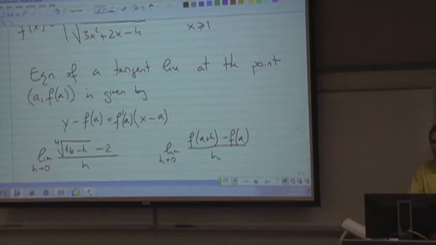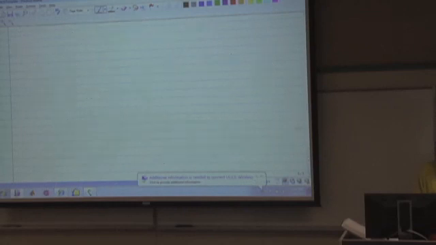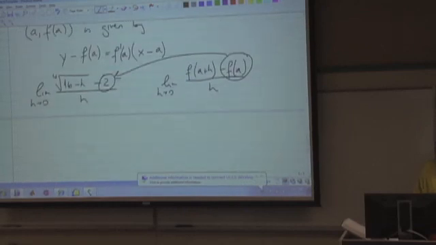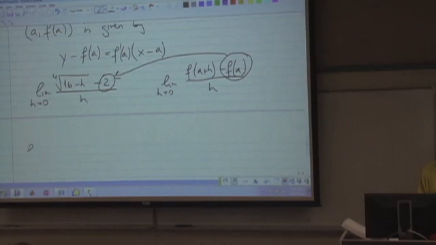This is the form of the derivative, right? What should we easily identify? f of a is equal to 2, right? What else can you identify? Well, we can identify that f of a plus h is the fourth root of 16 minus h, right? So what is a?